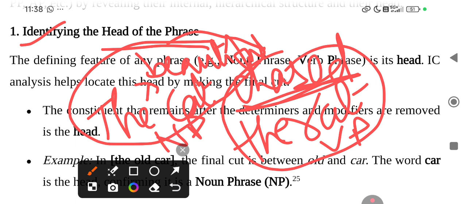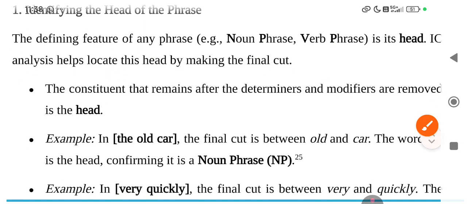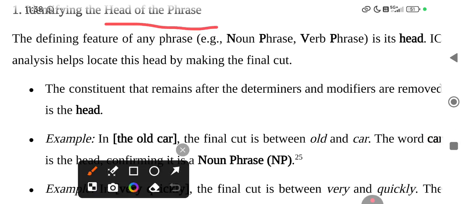So how do we identify the head of the phrase, which names the phrase? Take the beautiful cat. If we remove the other words, how do we identify the head word?